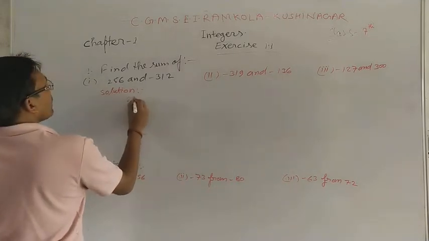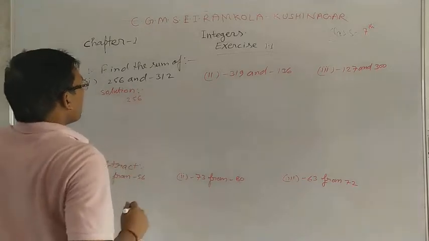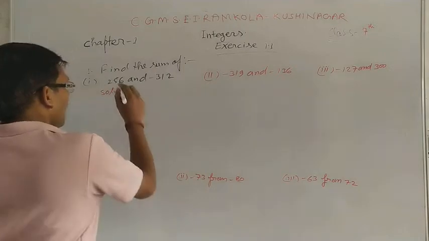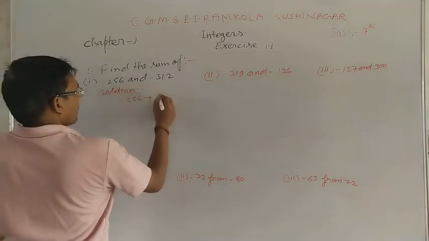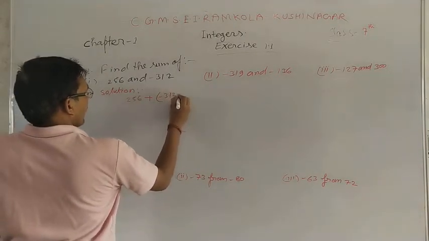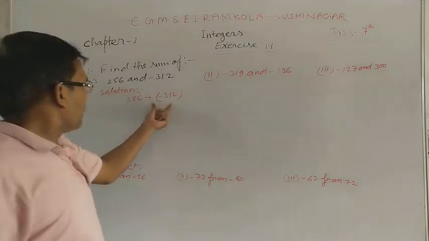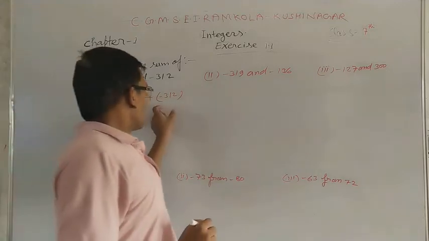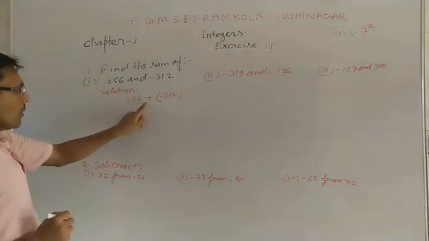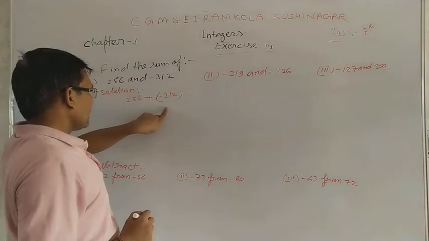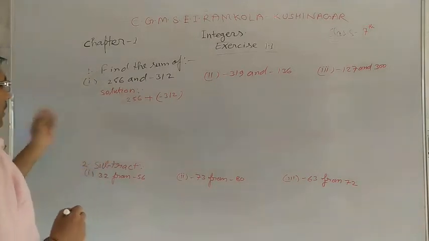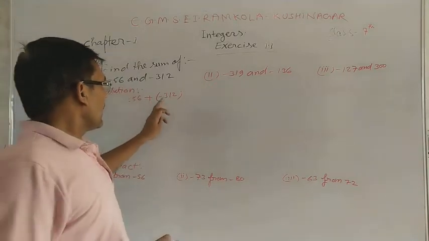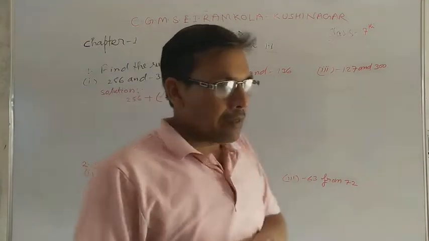Here 256, we take the plus sign, and here minus 312, we have to put the negative integer in a bracket, because in the bracket the left side has a plus sign and the right side has another minus sign.